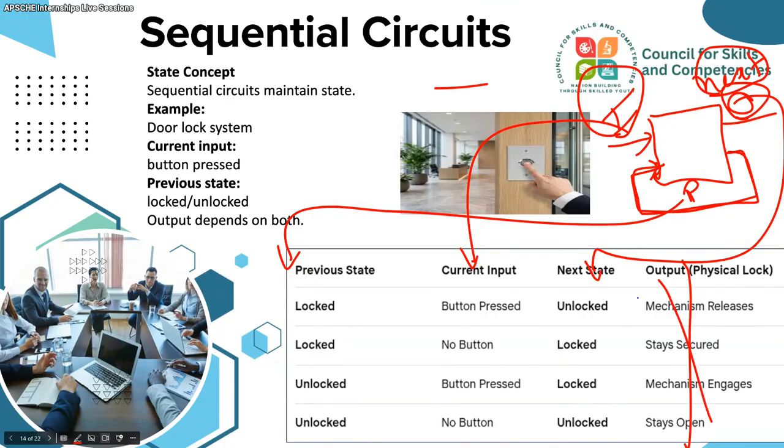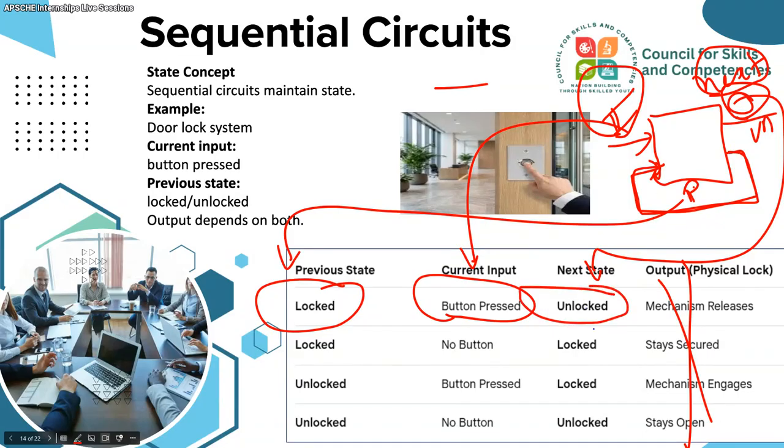Now, at the time of giving input, when the button is pressed, previously it was unlocked, so the output is going to be unlocked. That will be the next state. In continuation of that, it is unlocked, so now it becomes the previous state.